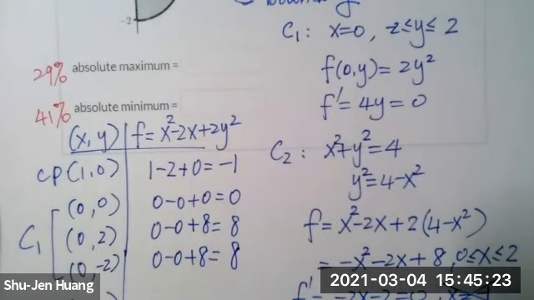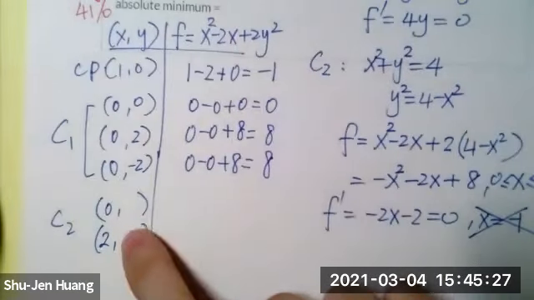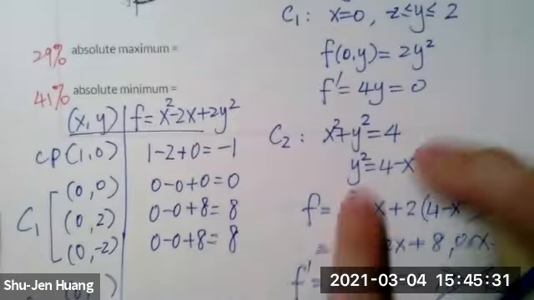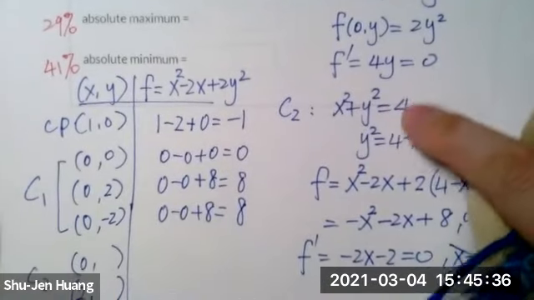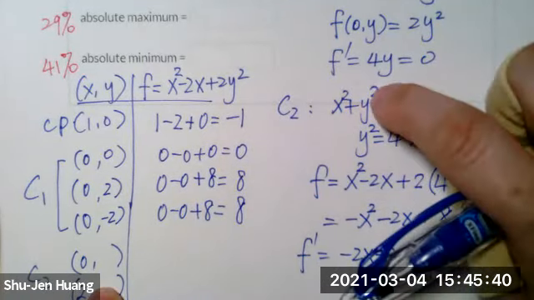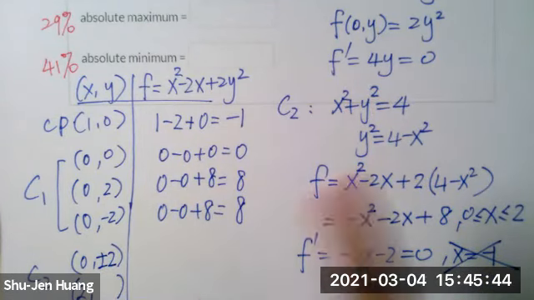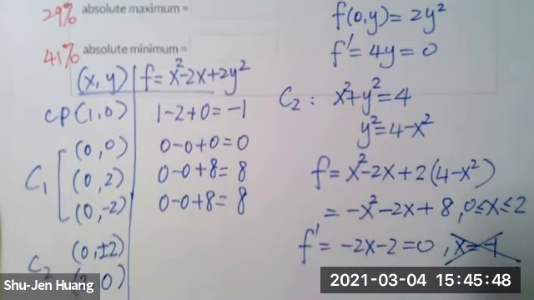Okay, and now at the curve C2, we only need to consider 0 and 2 here. When x equals 0, because it's on the circle, the boundary C2 is the half circle, so y equals plus minus 2. And when x equals 2, y equals 0.